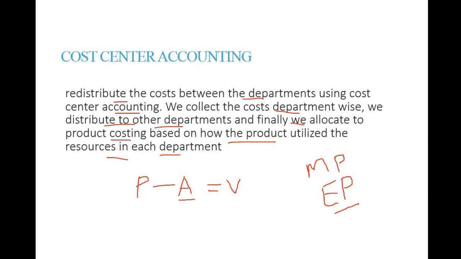By changing the sender rule and receiver rules, we have 12 methods in both distribution and assessment. All 12 methods we are going to learn. In depth, we are going to learn total cost center accounting. This is related to cost center accounting.